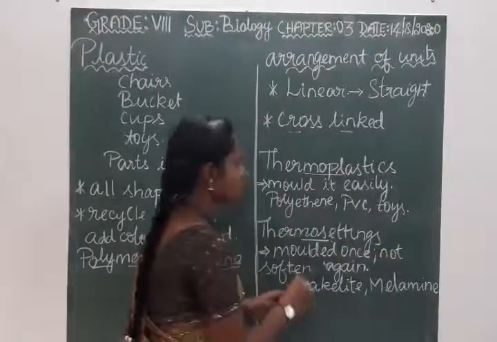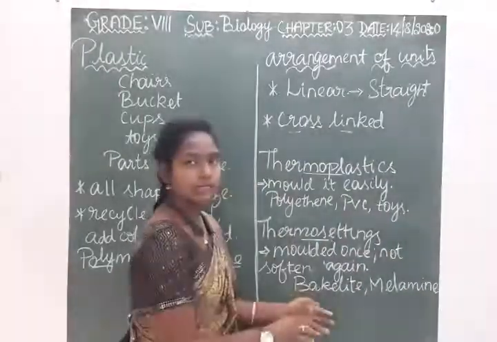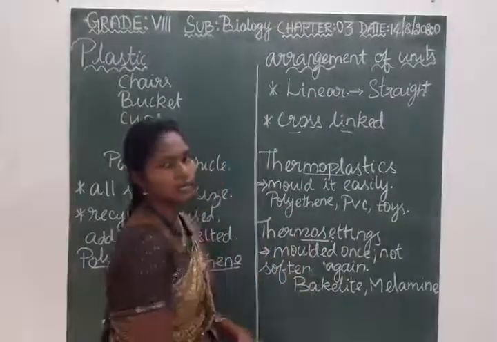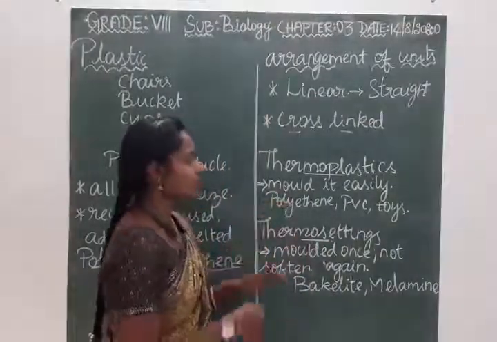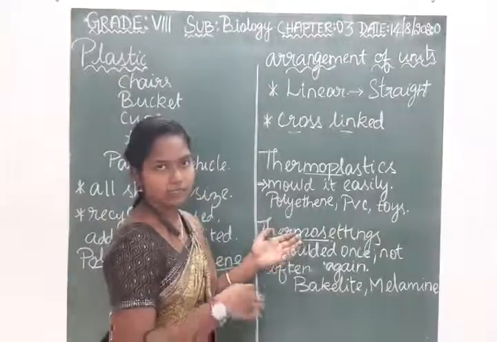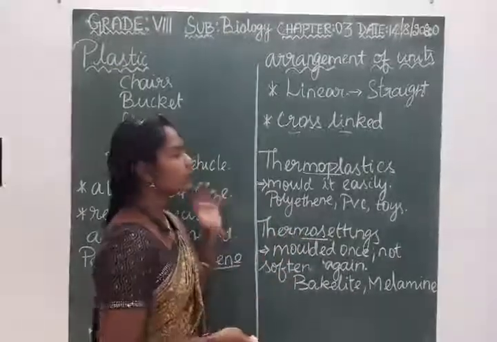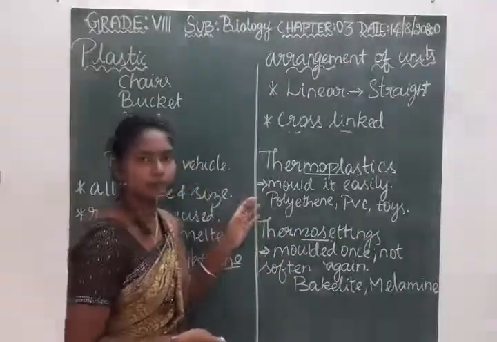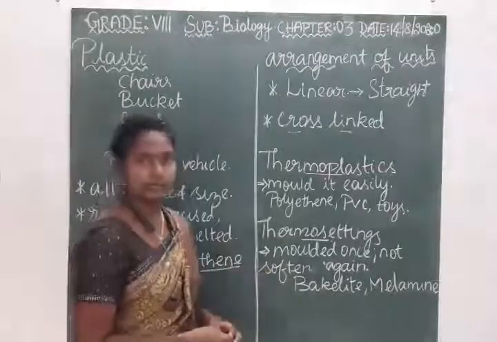Thermosettings are molded once and cannot be softened again. Thermoplastics can be softened again and molded easily. So this is about the two types of plastic.